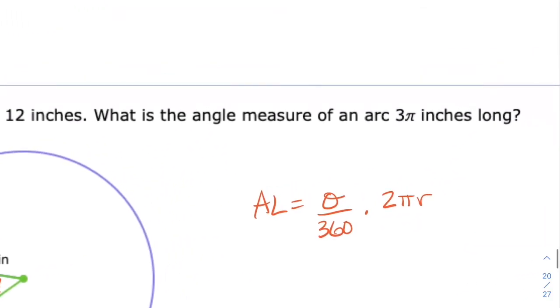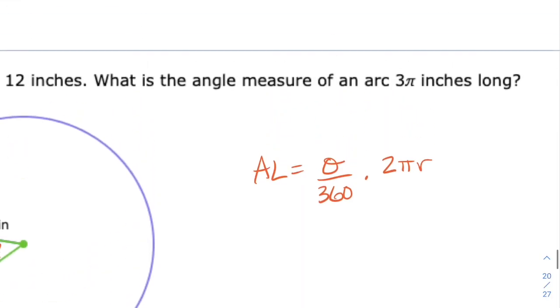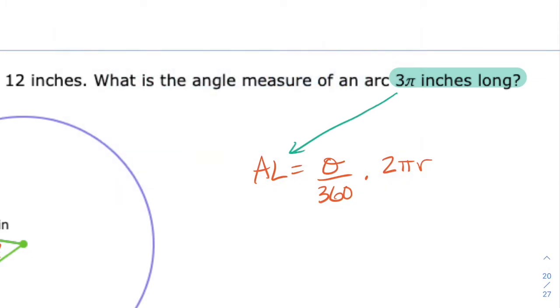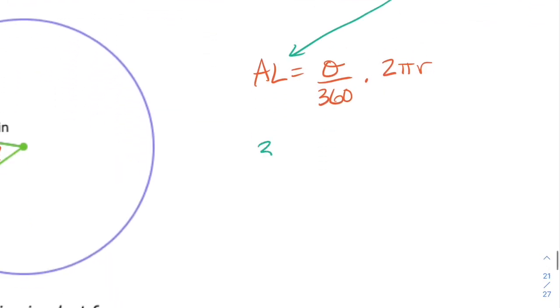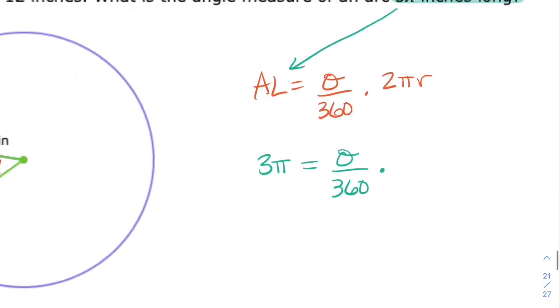What is the angle measure of an arc 3 pi inches long? So they gave me that this is 3 pi inches long. So we're going to substitute that in right here. So 3 pi equals theta over 360 times 2 pi times 12.